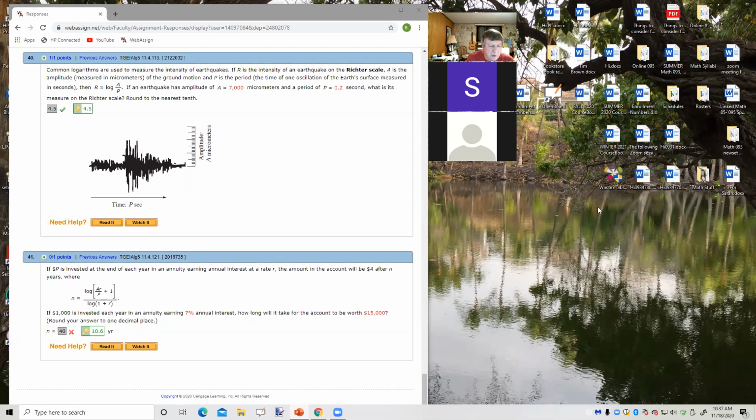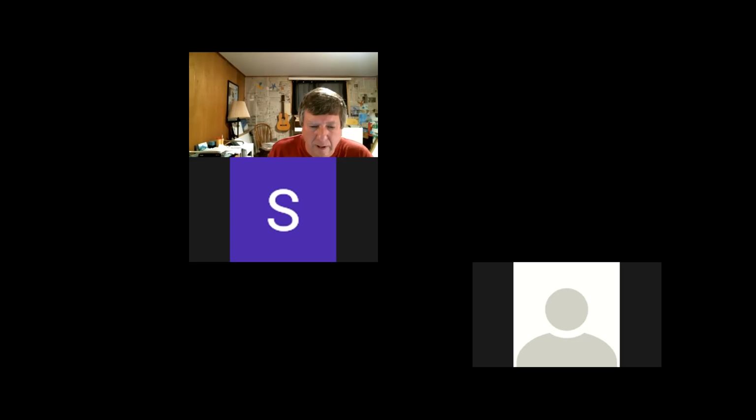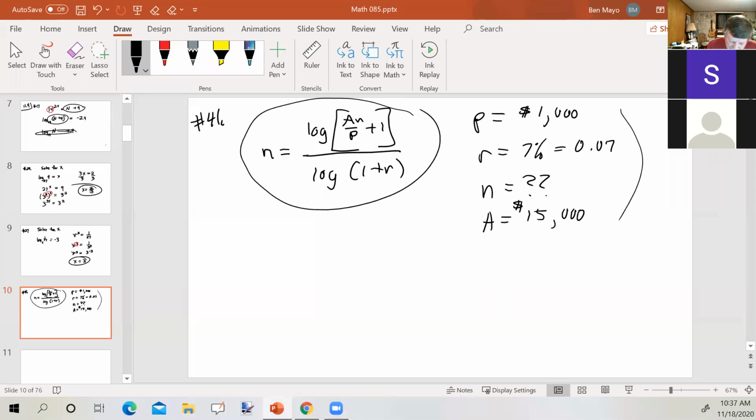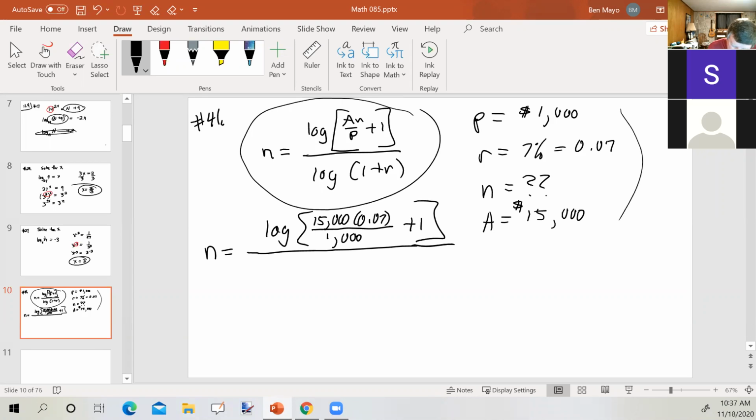And it says write your answer to 1 decimal place. Okay, so what we've got is this formula, and we're going to put this information into it. So we're going to get N equals the log of, let's see, A is 15,000 times R, which is 0.07, all over P, which is 1,000, and then plus 1.